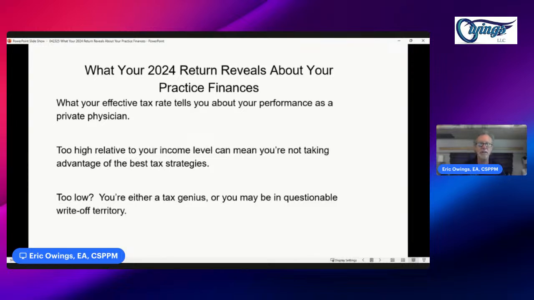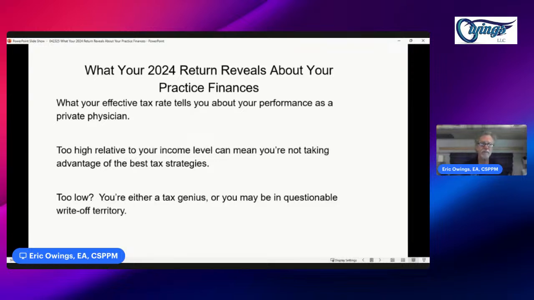All you've got to do is go to your 1040. The bottom line of page one has something called taxable income. That's after your standard deduction or itemized deductions plus your qualified business income deduction. That's the number that actually comes off the tax table. If you divide that number into the next line, tax, you'll get a percentage, and that's your effective tax rate.